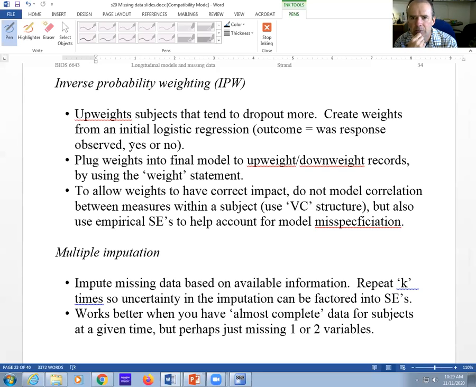But the question is, how good is that imputation? Most of them involve multiple imputation, so you impute multiple data sets, and that allows you to incorporate uncertainty in your estimates based on the fact that you don't have actual values, but predicted values in your data set.